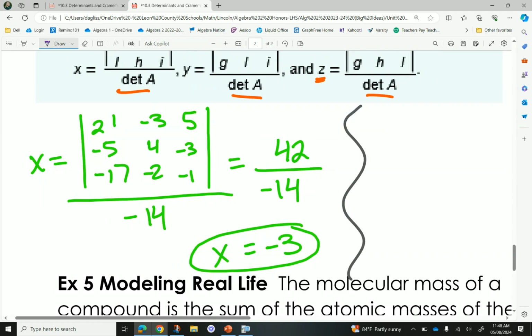Okay. If that worked, try to set up y. So to find y, your constants are now in the y column.